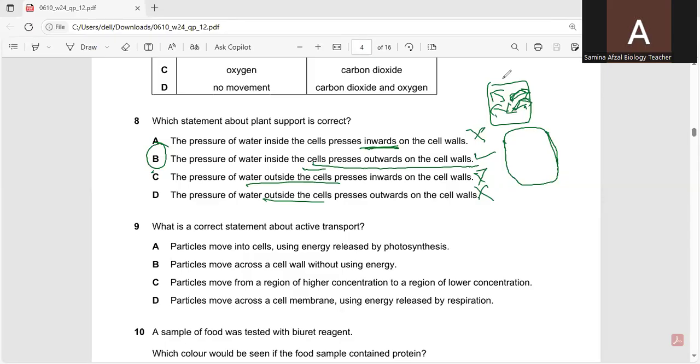Particles move into cells using energy released by photosynthesis. The particles move across a cell wall without using energy. Without using energy is not active transport.